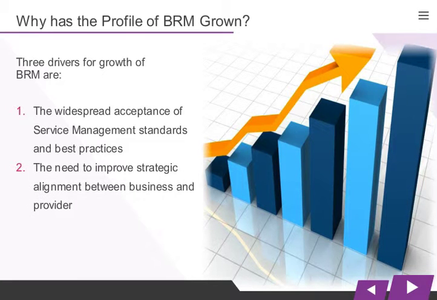The need to improve strategic alignment between business and service provider. This is due to the shift from provider as a commodity order taker to a business strategic partner. Additionally, global sourcing enables a provider to shift to higher value services and to flex with demand, to no longer be supply constrained.